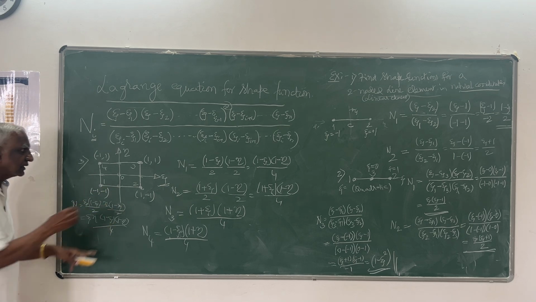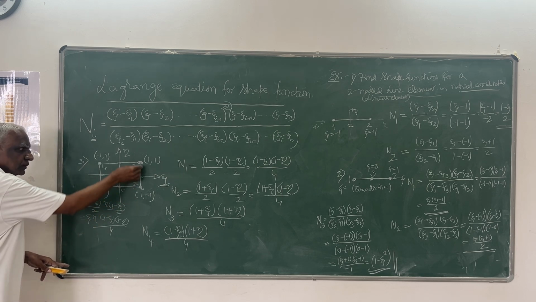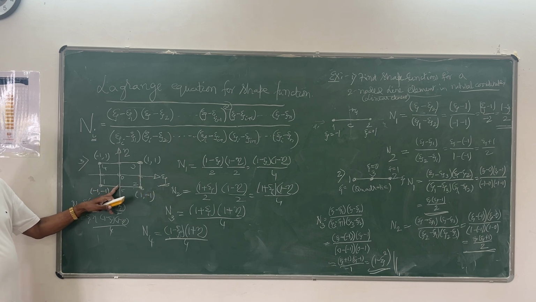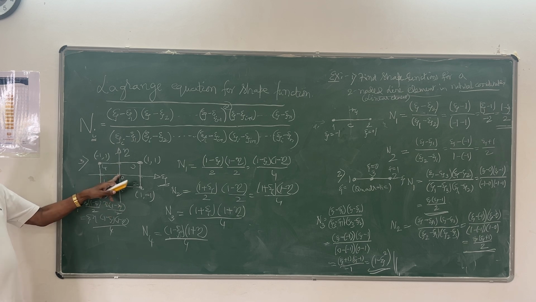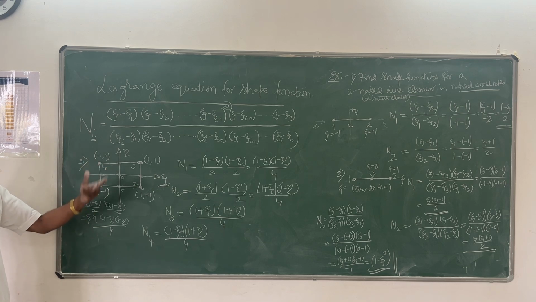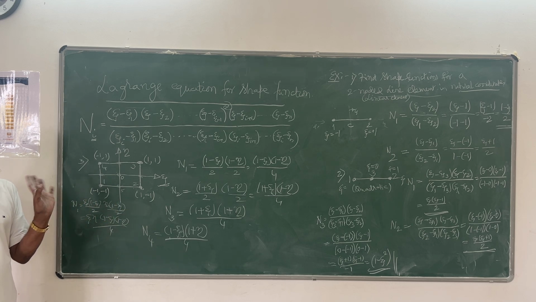Suppose you take this fifth node: for the ξ direction it is the middle node, (1 minus ξ²); for the η direction, first node, η into (1 minus η)/2. When you take the central node, ξ is the middle node, η also the middle node, (1 minus ξ²) into (1 minus η²). I hope I made the point clear. Higher order also becomes very, very simple.